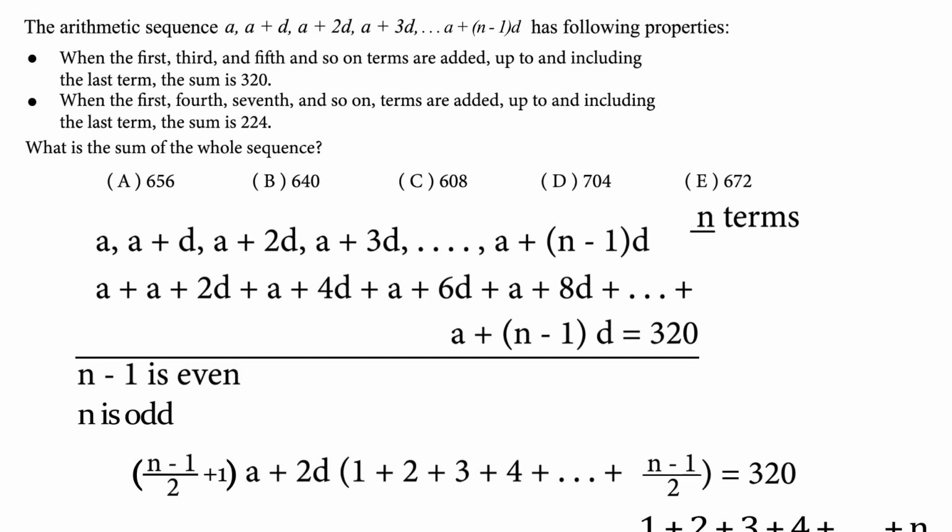Now we need to look at the second criteria. The first, fourth, seventh, and so on terms are added up to and including the last term, and that sum is 224.